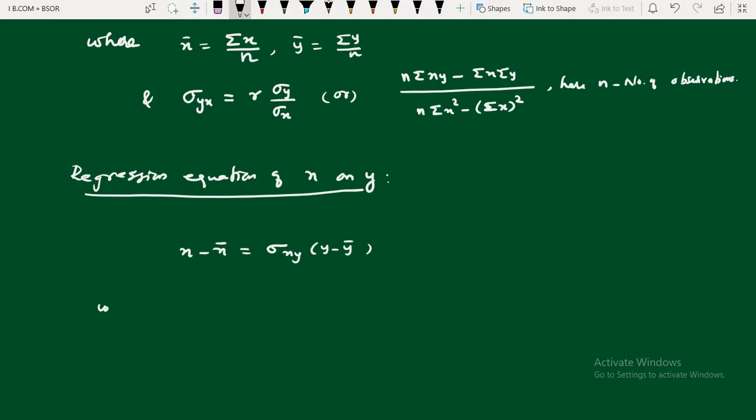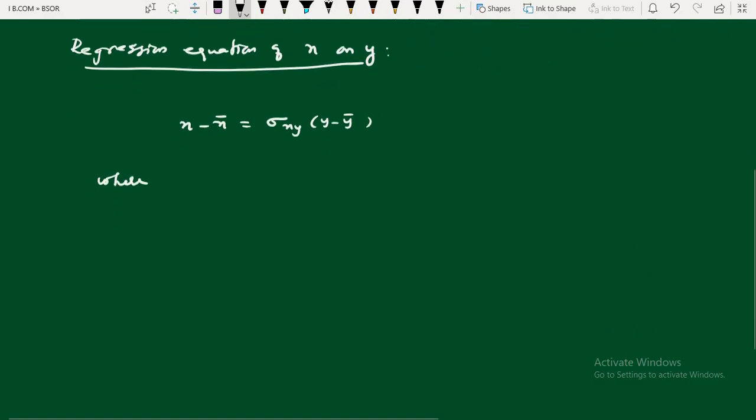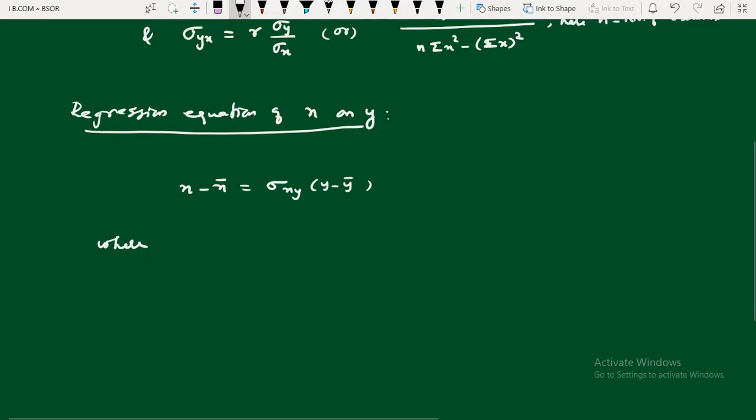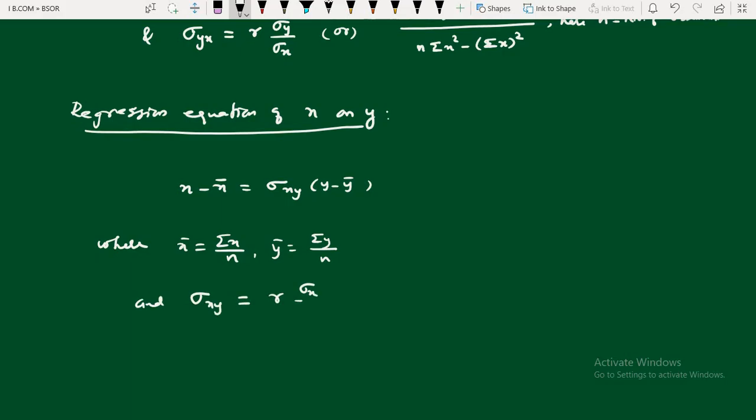A similar idea applies here. X bar is the mean of x, y bar is the mean of y, summation y by n, and the standard deviation for xy, sigma xy, is defined as r into sigma x by sigma y.